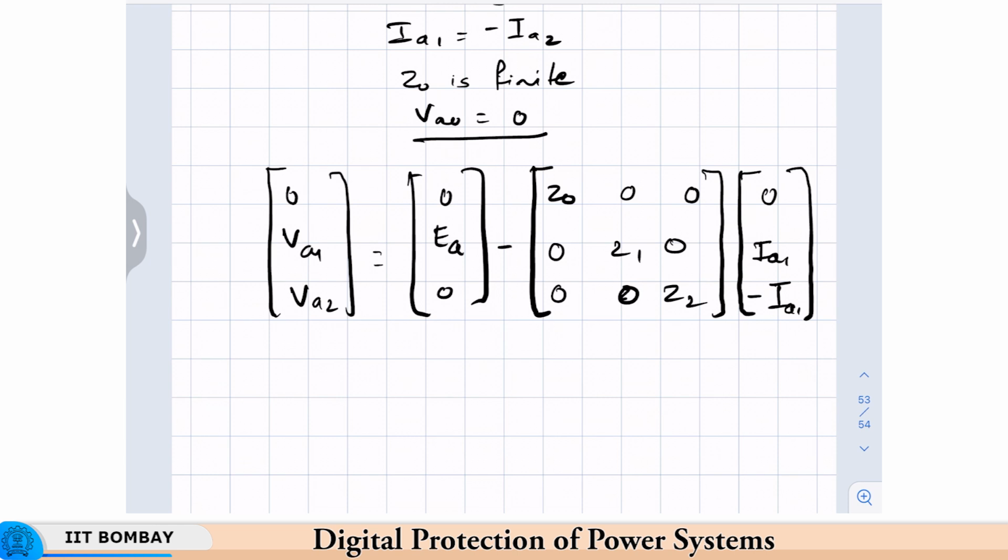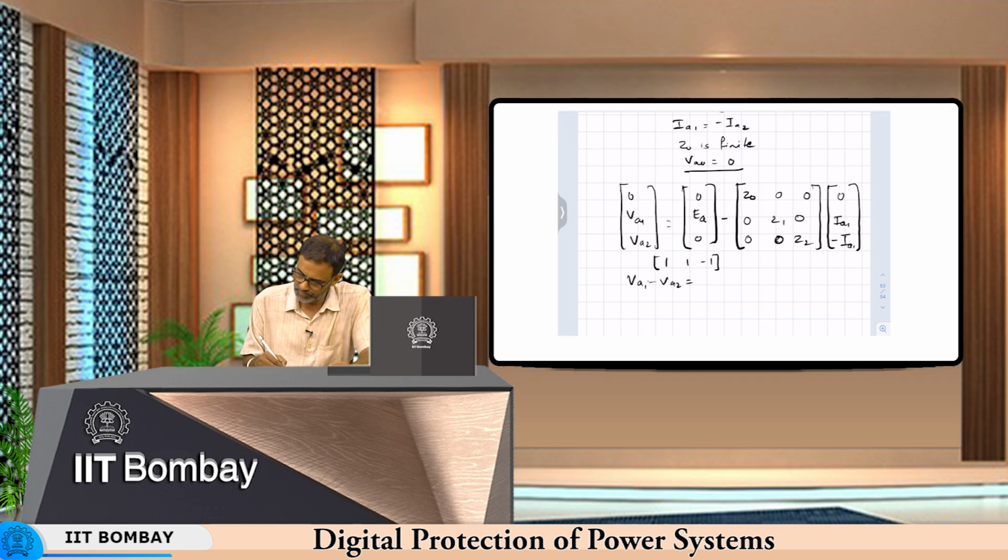Okay. Now we can simply do this operation mathematically, pre-multiply both sides by this, or in plain words, we are doing row 2 minus row 3. Row 1 is anyway equating to 0, so it does not matter here. If we do 2 minus 3, we will get VA1 minus VA2, which are equal, so it is 0, equal to EA minus Z1 IA1, and we are doing minus of minus, so we get the same thing again, Z2 IA1.